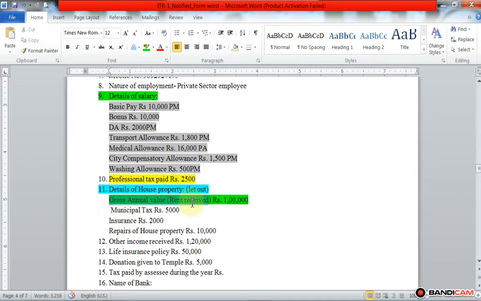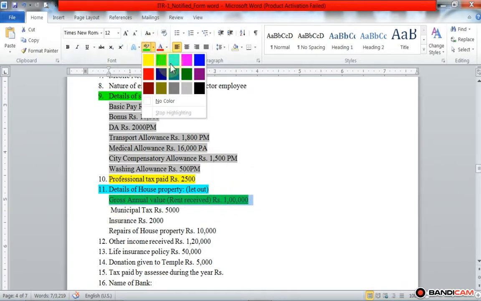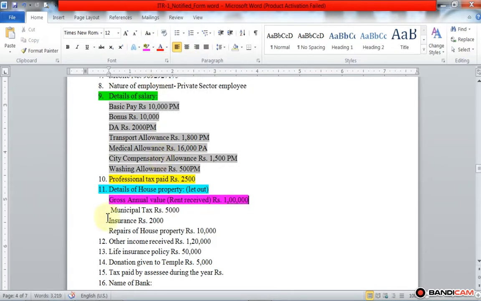Then municipal tax is paid by the assessee, amounting to rupees 5000. We already studied how to compute income from house property in unit number 4, taxation of companies, in paper first.